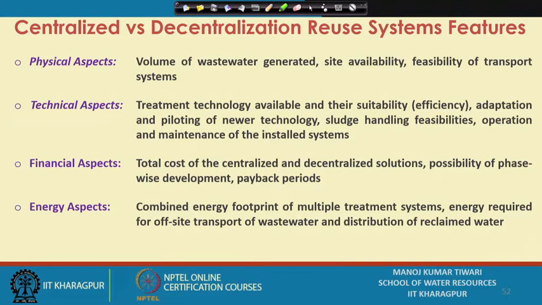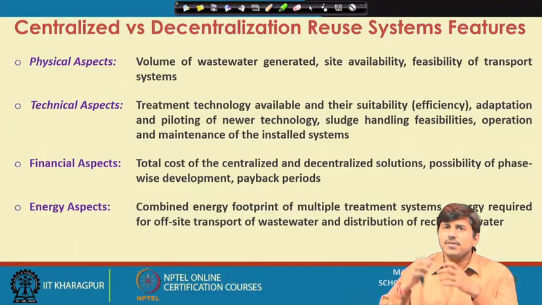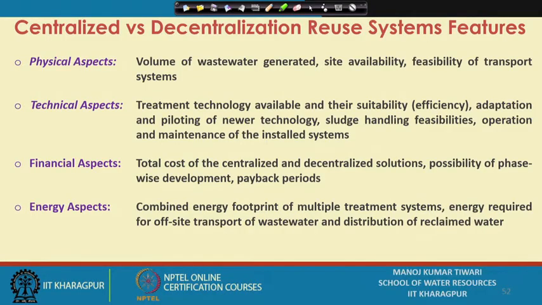Then there are financial aspects, in terms of the total cost of the centralized and decentralized solutions. In a decentralized solution we may see that an individual unit's cost is very low, but what is going to be the total cost? If you cumulate the cost of those 100 treatment facilities as opposed to just one big treatment facility, how cost effective is that one big facility going to be, or how cost effective are these 100 small facilities going to be?